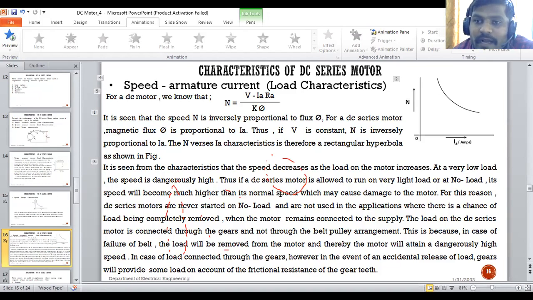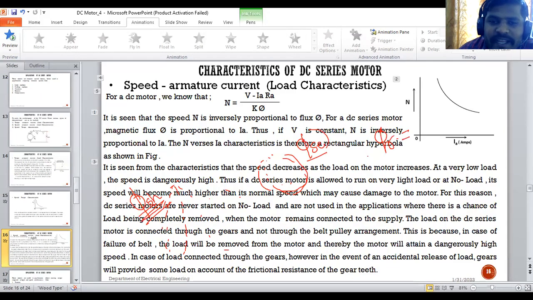See, again another two types. There are two field windings, a series field winding and a shunt field winding. Each will produce some flux. Suppose this is the phi sh flux, the series winding will also produce some flux, that is phi sc. If the flux produced in the series field winding is additive to that of the shunt field winding, that means the resultant flux phi r equals phi sh plus phi sc, then this type of motor is called a cumulatively compounded motor.